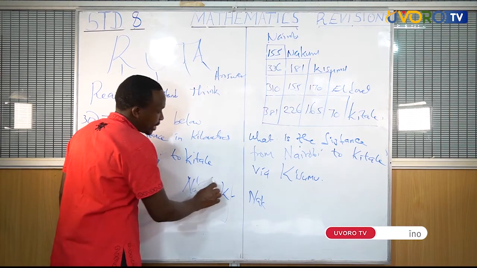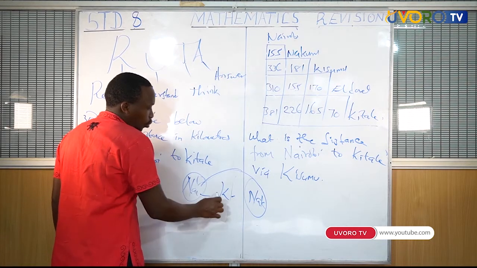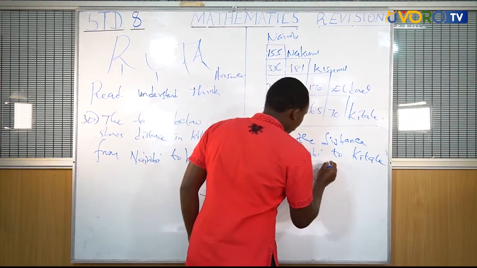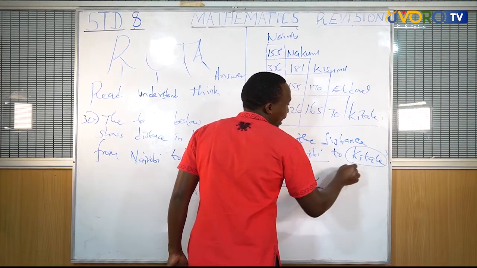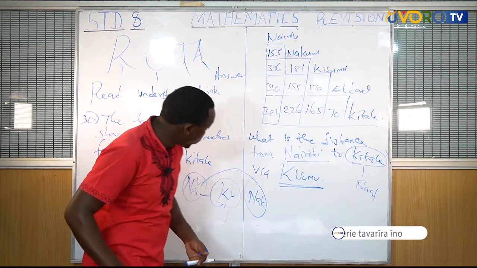So you read Nairobi to Nakuru, then Kisumu. So you must read Nairobi to Kisumu, then finally this is the final to read.